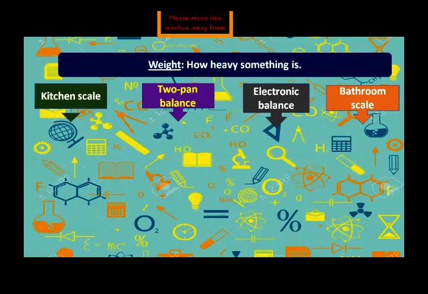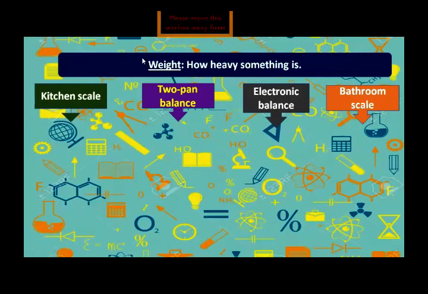Beta, now weight. What is the weight? You know it very well. Weight means how heavy something is. And we use these four things to measure the weight. Basically these are all weighing scales.